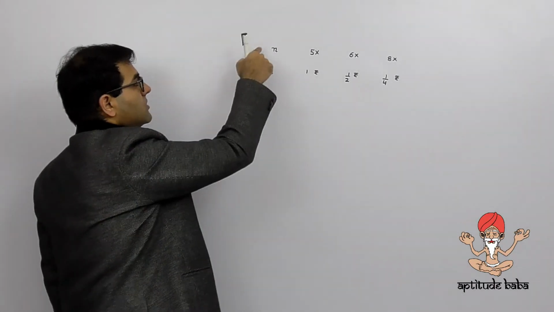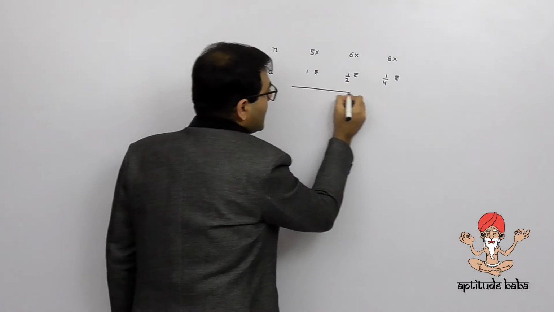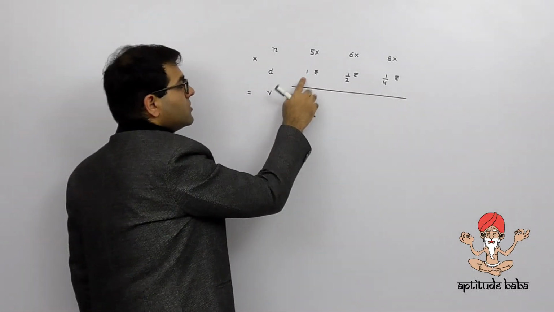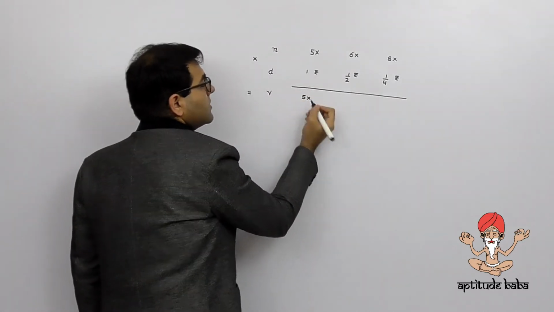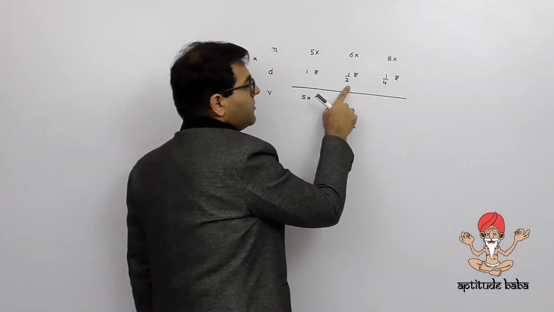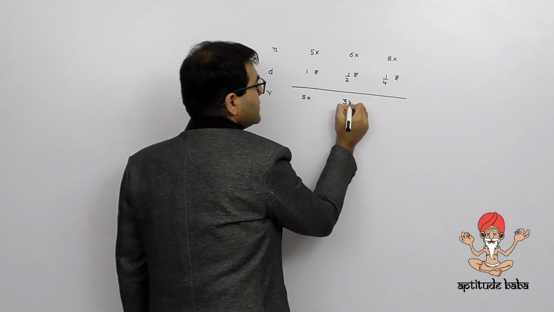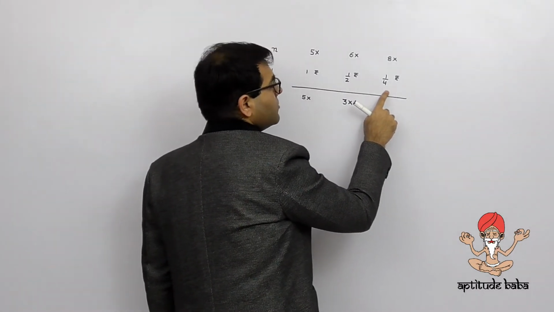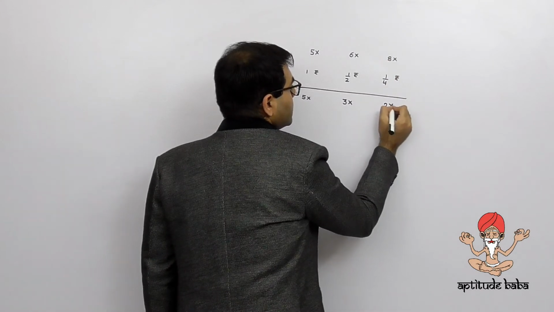Now if we follow this logic, n into d equals v, so from here can I say that the total value contained in this denomination is 1 into 5x, which is 5x. The total value contained in 50 paisa denomination is half into 6x, which is 3x. And finally the total value contained in 25 paisa denomination is 1/4 into 8x, which is 2x.